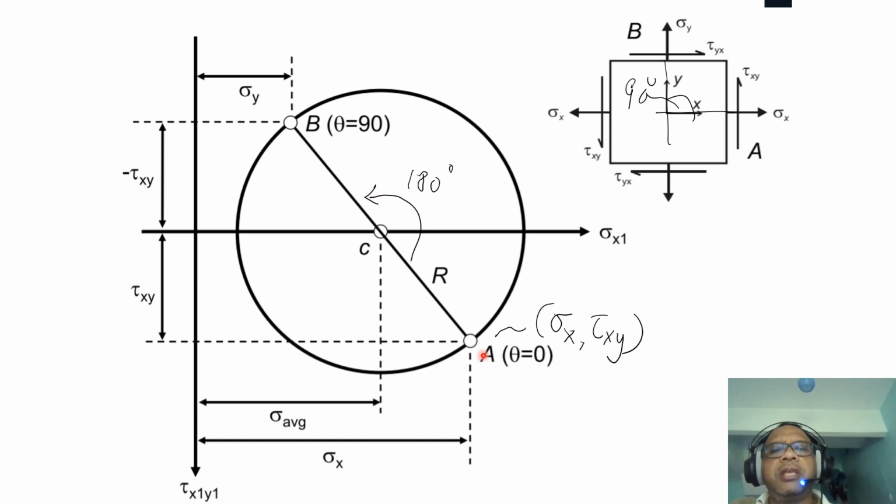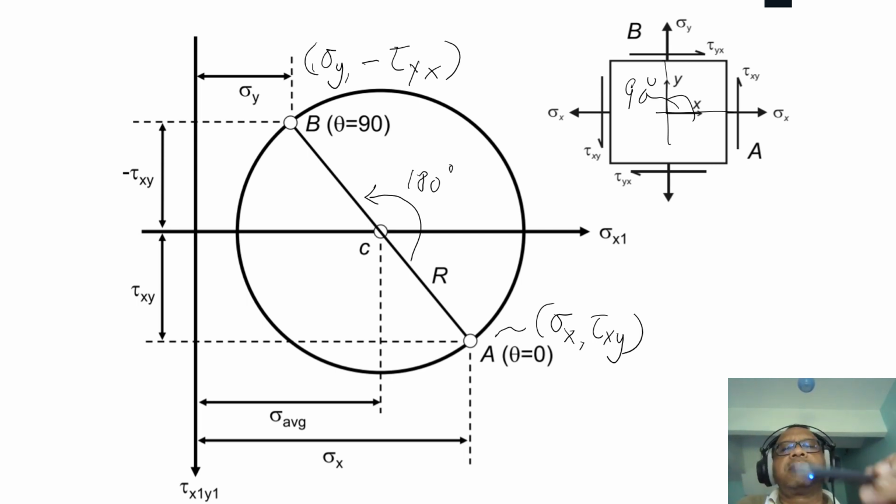So this is point A for surface A, point B for surface B, or for this line B here. And you've got 2 coordinates. So I will write the coordinates here. This is sigma y, negative tau yx, or tau xy.